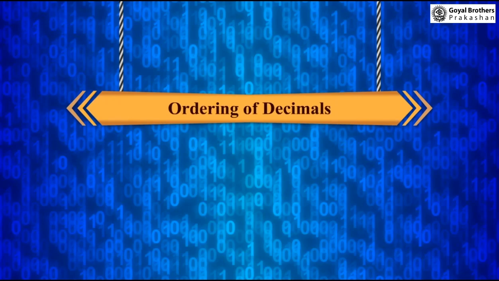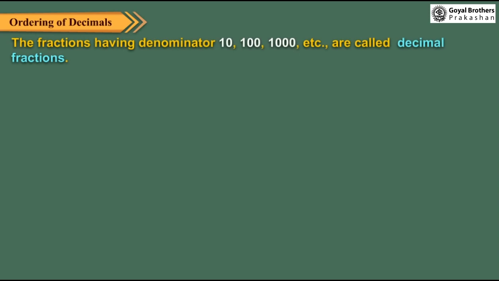Ordering of decimals. In the previous class, we have learnt about decimals. Let us revise quickly what we learned there. The fractions having denominator 10, 100, 1000, etc. are called decimal fractions.